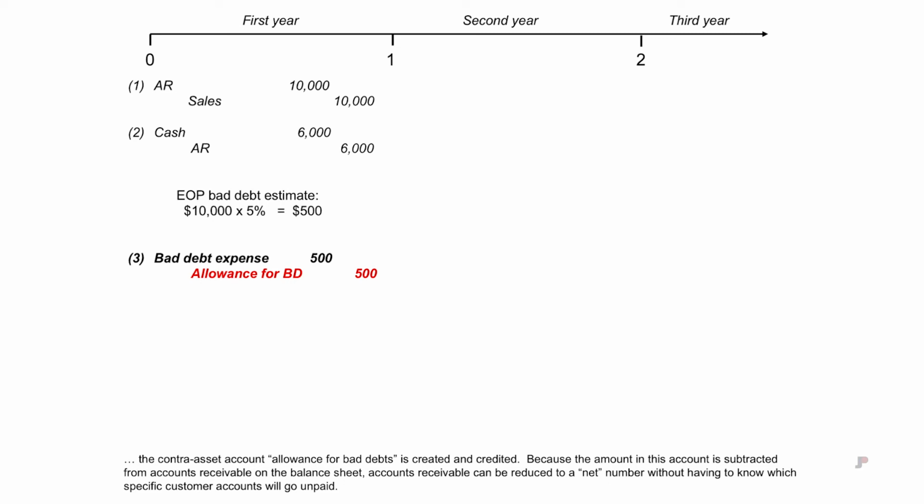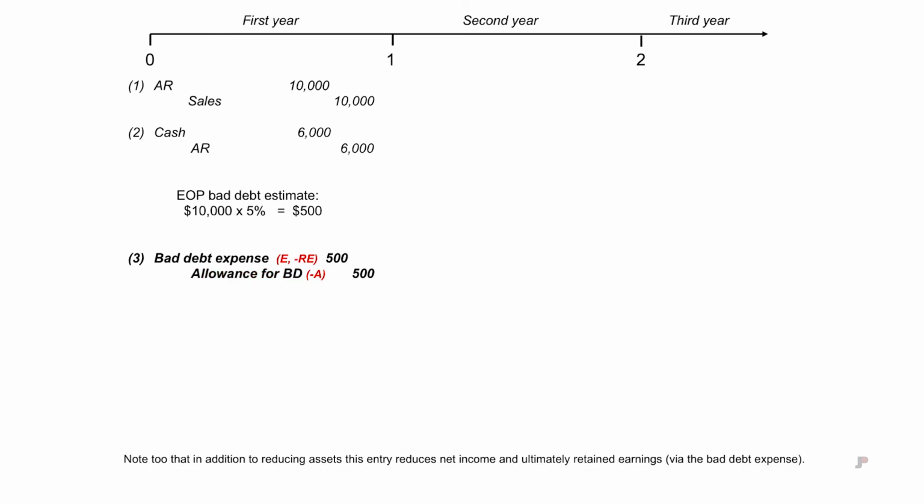Because the amount in this account is subtracted from accounts receivable on the balance sheet, accounts receivable can be reduced to a net number without having to know which specific customer's accounts will go unpaid. Note too that in addition to reducing assets, this entry reduces net income and ultimately retained earnings via the bad debt expense.